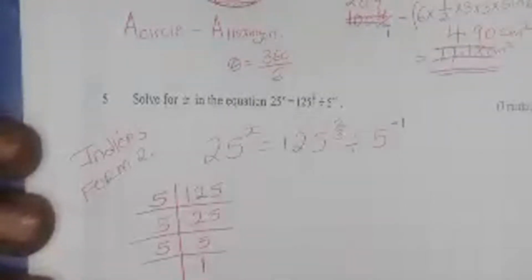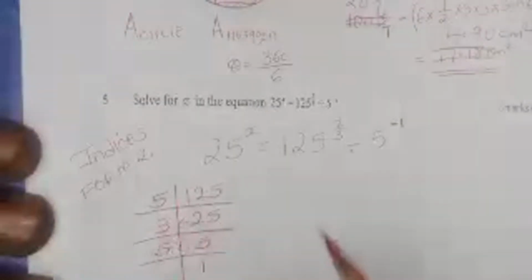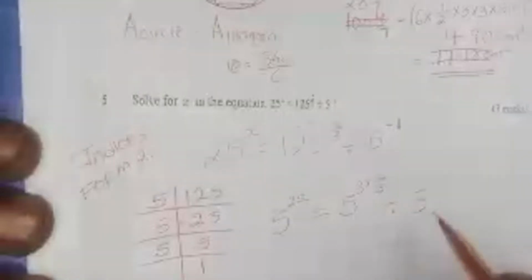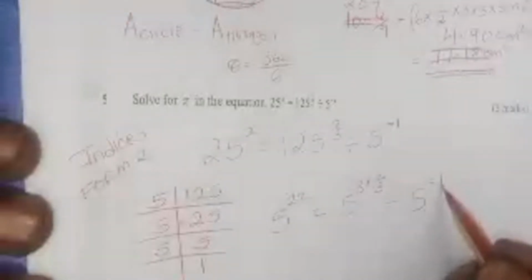Therefore, if I am to substitute 25, it will be 5 squared, so 5 squared x is equal to 25. There are 3. Therefore, we'll go for 5 cubed times 2 over 3. Divide by 5 negative 1.